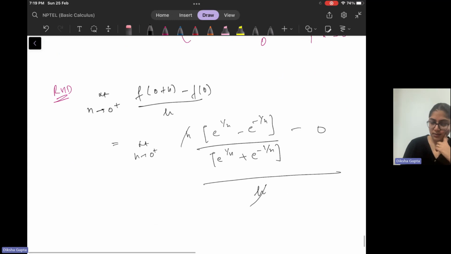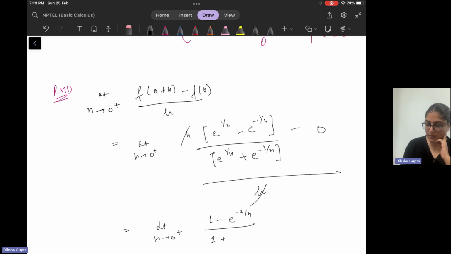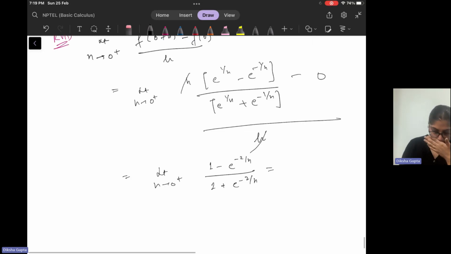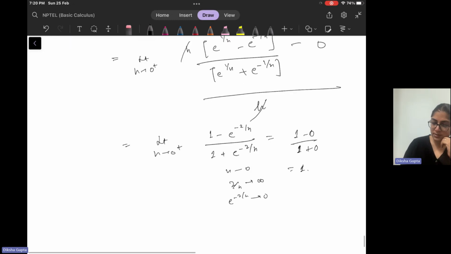So this h cancels. What we can do is take e raised to power 1 by h to the other side to get 1 minus e to the power minus 2 by h upon 1 plus e to the power minus 2 by h. Here h tending to 0 plus, so 2 by h tending to infinity. So e to the power minus 2 by h goes to 0. So this will be 1 minus 0 upon 1 plus 0, it is 1. This was the right hand derivative.